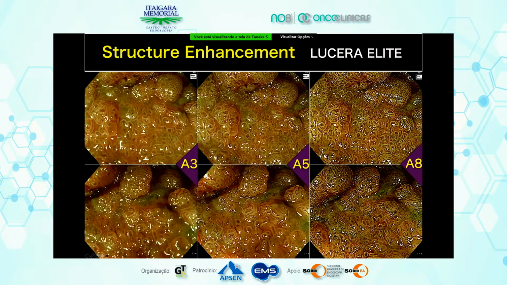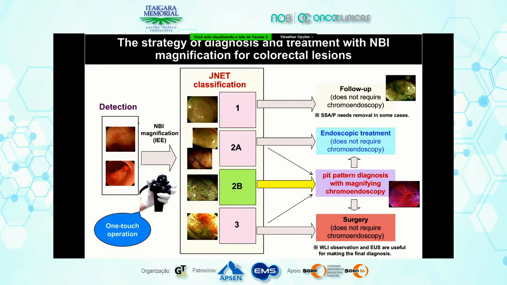So, in short summary, when we detect a lesion, we should do NBI magnification. So we diagnose the JNET classification. If the lesion is type 1, mainly hyperplasia, follow-up is okay.